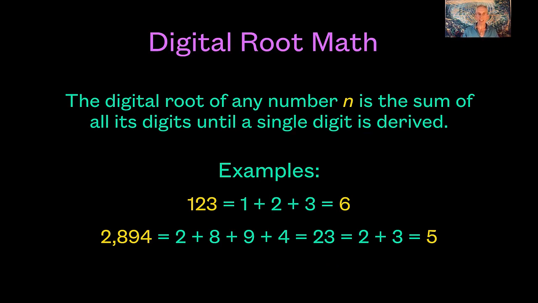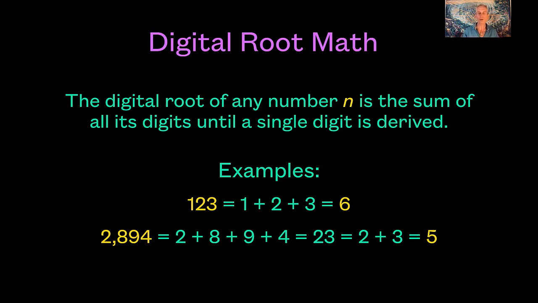Here are some examples. If we take the multi-digit number 1, 2, 3 and add the digits together, we get the number 6. If we take another number here, 2,894, and add all of its digits together, we get the number 23. If you add 2 and 3 together, you get the number 5, which is the digital root.